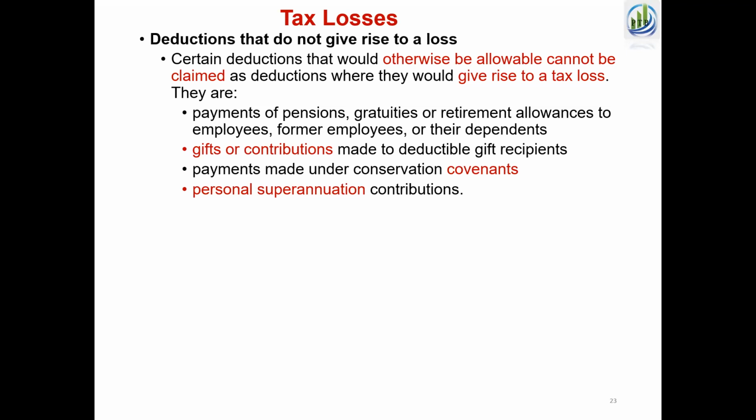So when you do gifts and contributions or personal super contribution, that will come up all the time, you must do it last. When you do it last, you can see if there's a taxable income, you can deduct. You cannot make it a loss if you have gifts and personal contributions. The balance amount, unfortunately, is gone, you cannot carry forward to anything, no more deduction on that one, right?